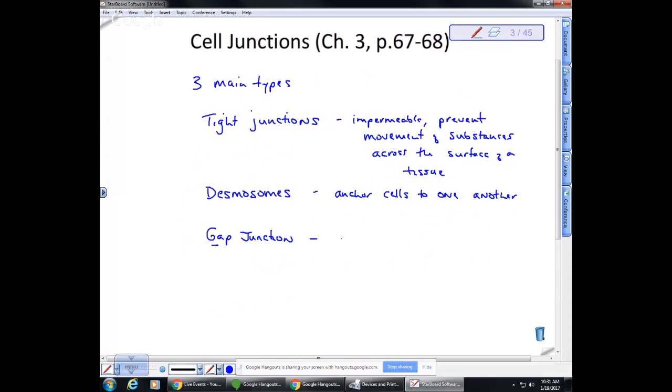So these are protein channels between cells that allow for the direct movement of substances across the cell surface, rather than diffusion across the cell surface.